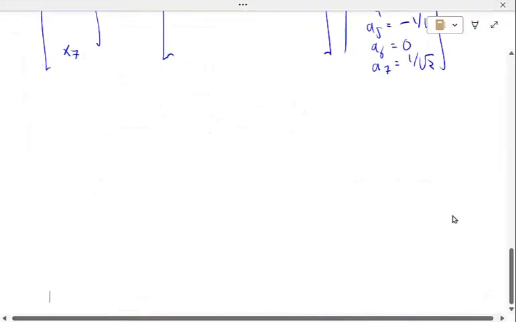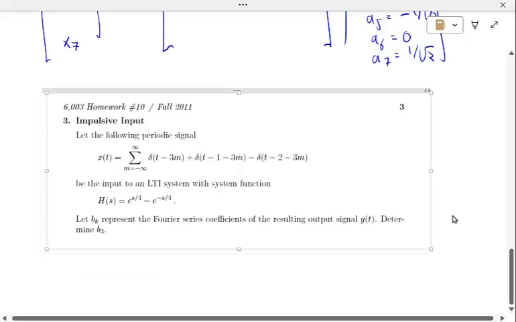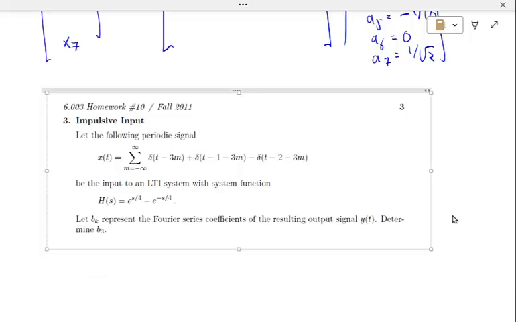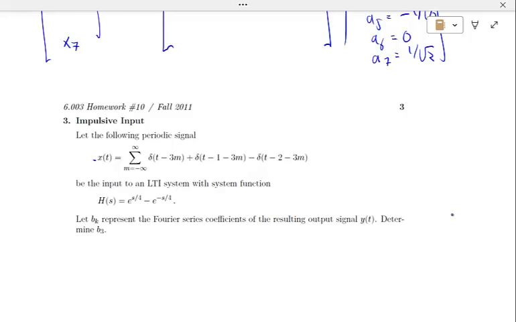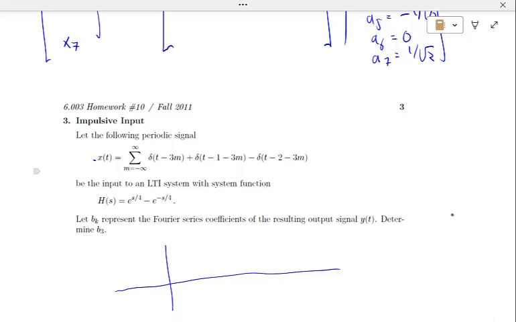a straightforward way of doing this is just draw out what the signal is and apply the impulse response and figure out what the signal is. So x of t, if you look at what x of t is, he tells you it's periodic, and you can see the period is 3. So let's see what happens here. When t equals 0, you can see that you just pick up the delta here.